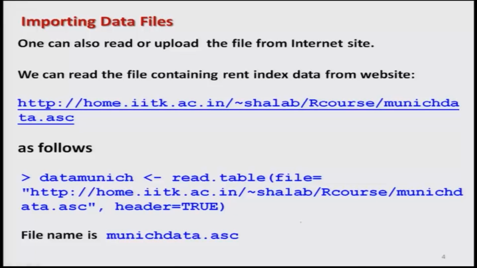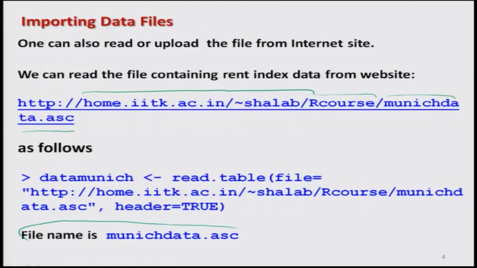For example, I have kept a data file on my web page, and the address of my web page is home.iitk.ac.in/~shalab, and inside that I have created a directory R course, and then inside that I have kept a data file, which is here, Munich data.asc. So, the file name here is Munich data.asc.